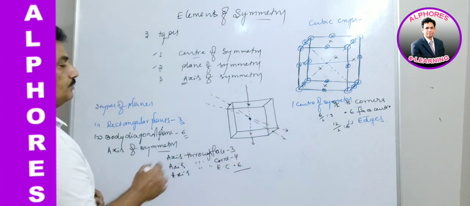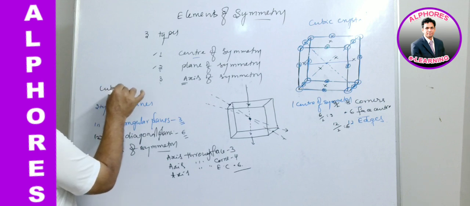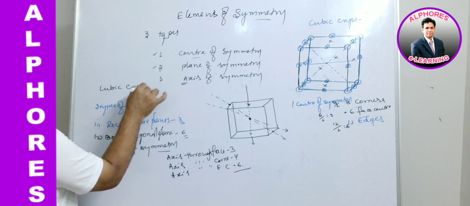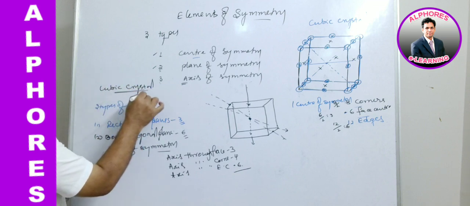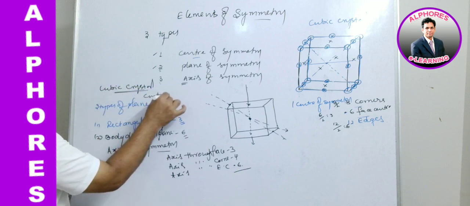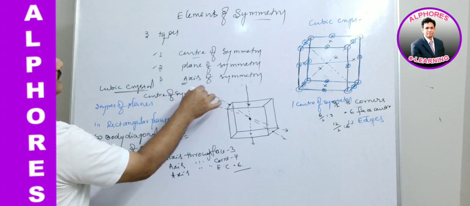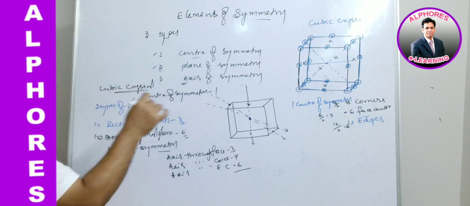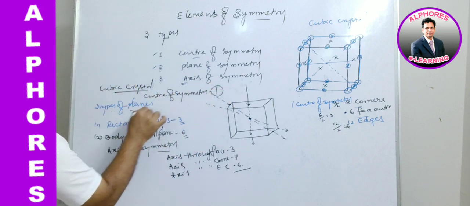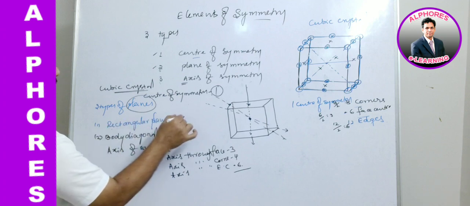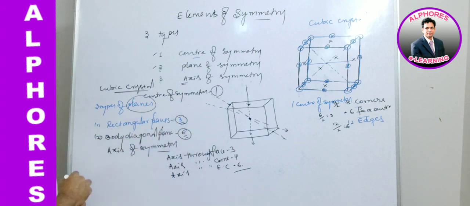If you observe, for a cubic crystal, how many centers of symmetry? Only one center of symmetry. And the planes: rectangular planes 3 and body diagonal planes 6.